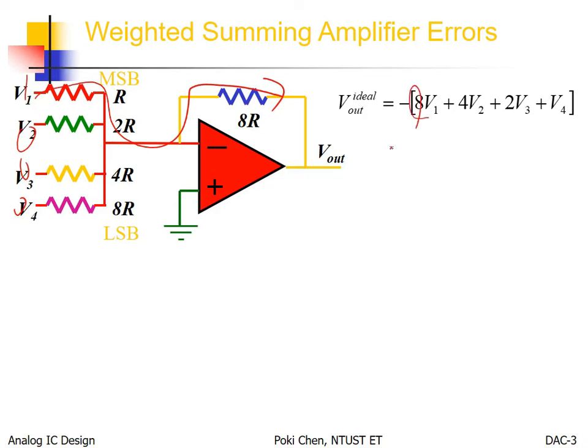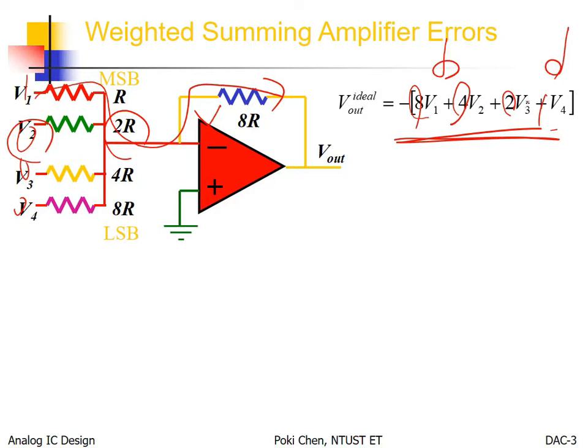The same for the others: V2 divided by 2R, multiplied by 8R, so you get 4, then 2, and then 1. Bingo. This is what we want for a DAC, where V1 is the MSB and V4 is the LSB.